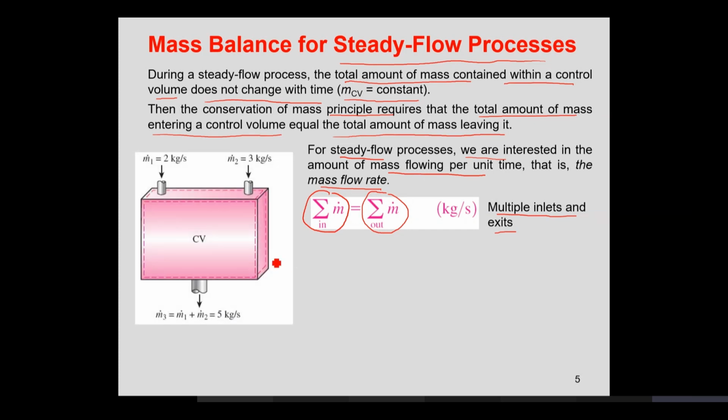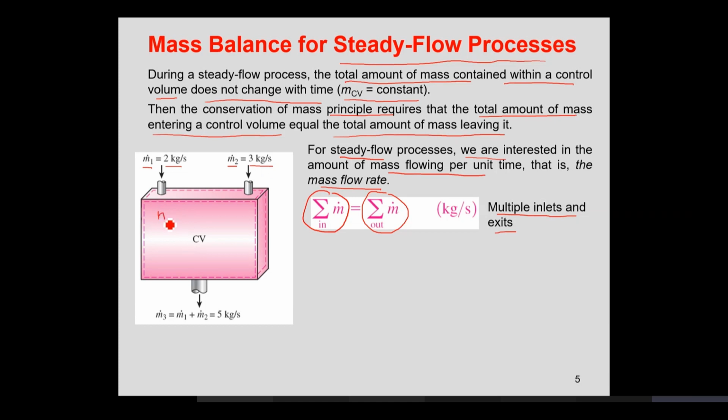The interpretation is this: if you have an inlet where fluid is coming into the control volume at the rate of 2 kg per second, and a second inlet where the fluid is coming into the control volume at the rate of 3 kg per second.